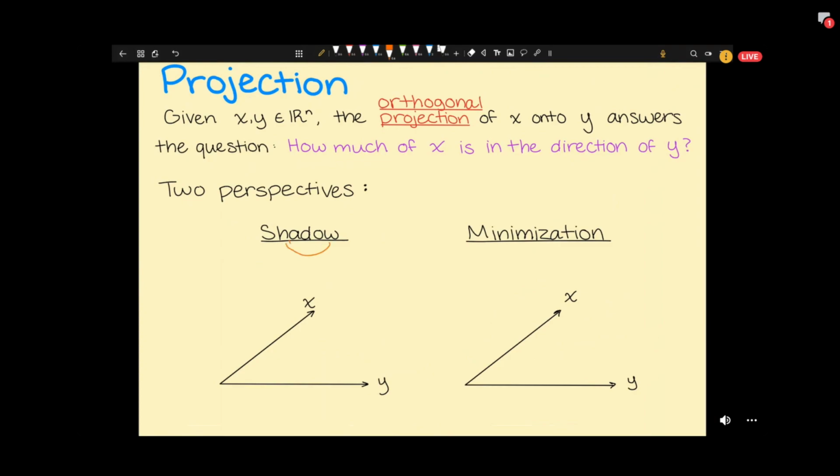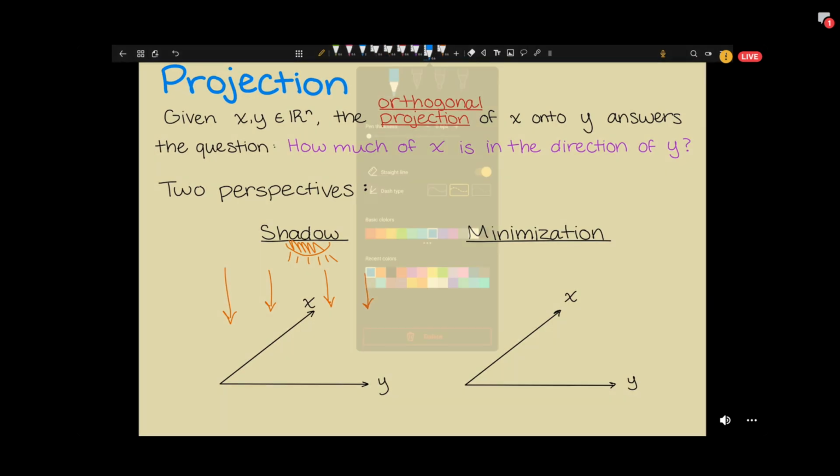So we have our sun up here, and light rays are going perpendicular to y, right? And the projection of x onto y is the shadow of x.